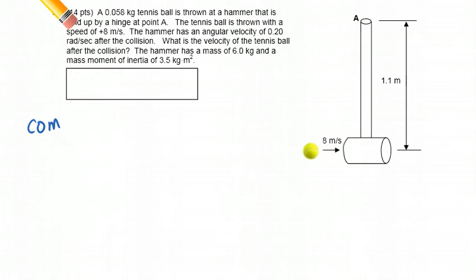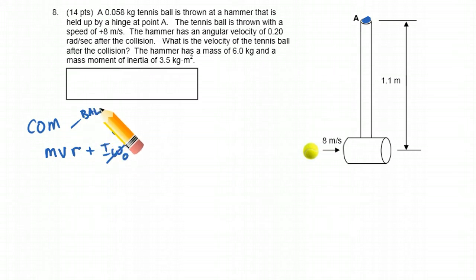Mass times the velocity, which is the linear momentum, times the radius or perpendicular distance from our point of reference, which is point A up here. Okay, initially plus I omega initial, but the hammer's not moving. So this is the ball and this is the hammer.